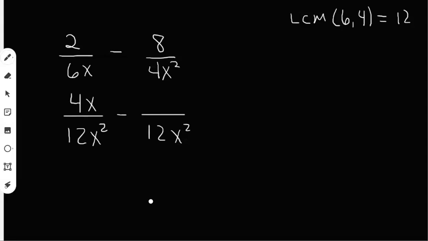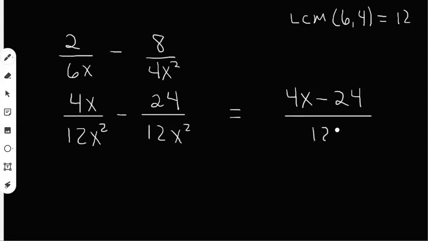So we're going to multiply by 3 at the top as well. 8 times 3 is going to give me 24. So now I've got 4x and a 24 at the top. I have a common denominator, so that means I can write this all as one fraction with 4x minus 24 on top and 12x squared in the denominator.